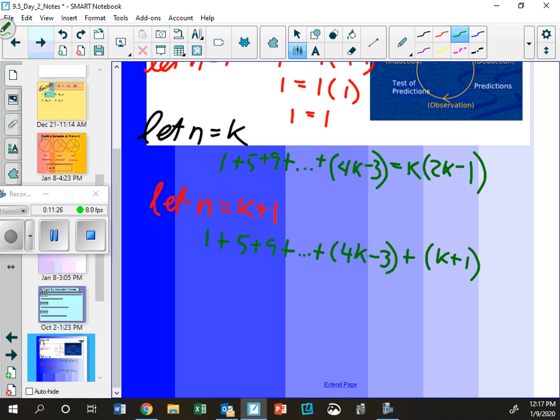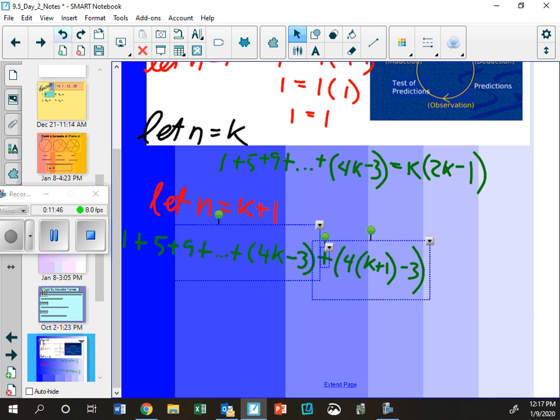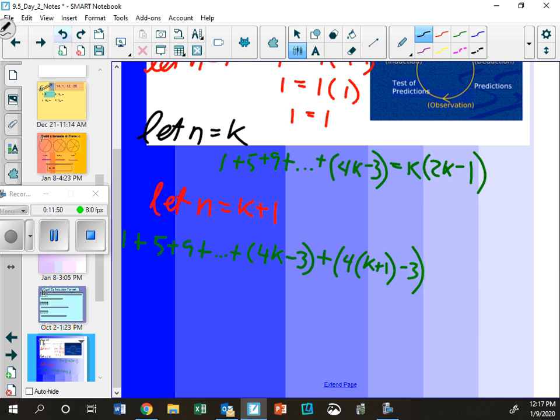That wouldn't make sense. It was 4 times whatever k was, and we're replacing the k's with k plus 1. So this is 4 times (k plus 1) minus 3. And that's just the left side. And that equals this side, except this side we do replace the k with k plus 1s.